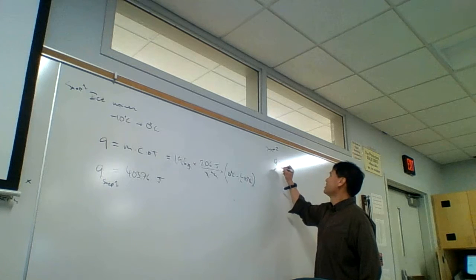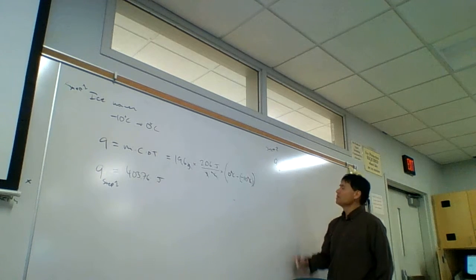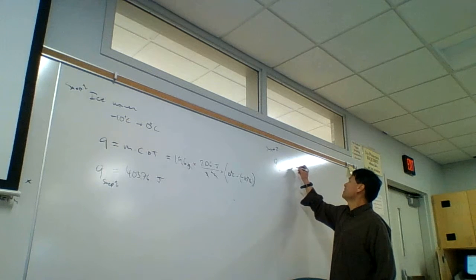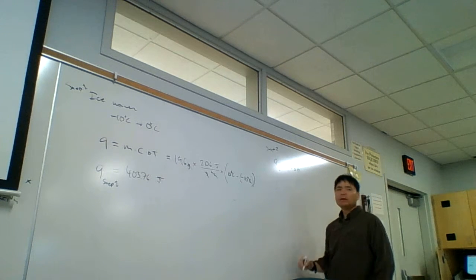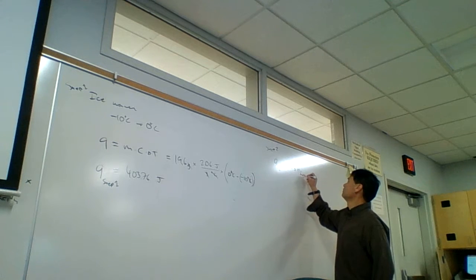And so I'm going to call this Q2 for step 2. How much heat is going to be required? It's going to be M times delta H. Now melting is called, what's another name for melting? Fusion. So it's going to be delta H of fusion.